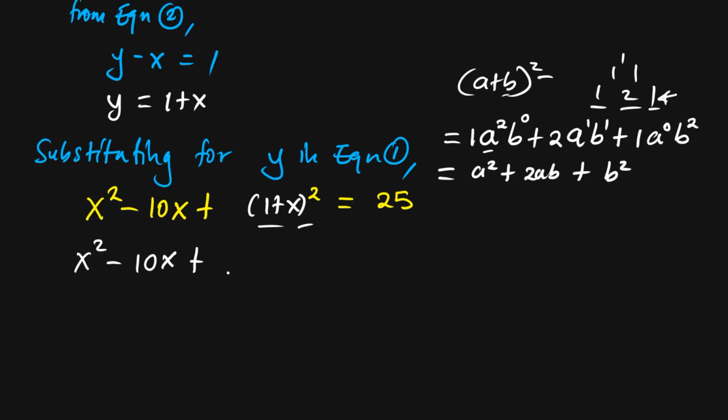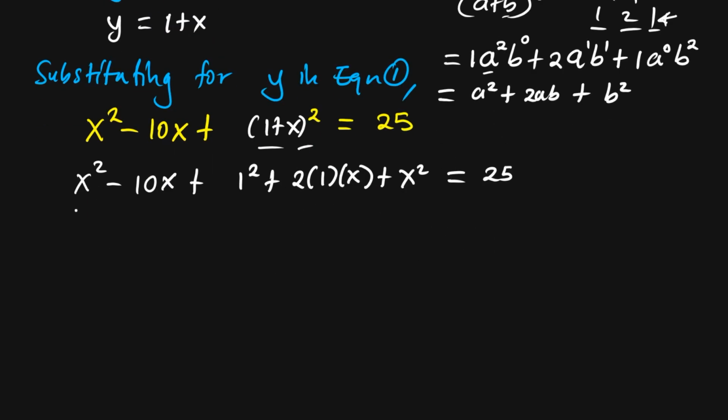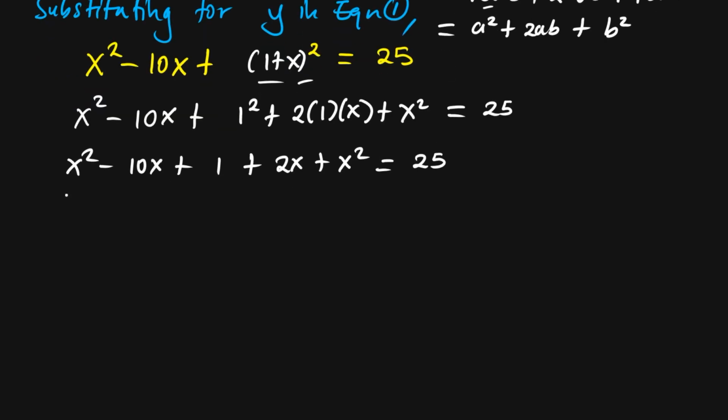Let's do the same for this. So it will become 1 squared plus 2 into 1 into x plus x squared, which equals 25. So this is the same as x squared minus 10x plus 1 plus 2 times 1 times x, the same as 2x, plus x squared equals 25. x squared plus x squared, we get 2x squared, and negative 10x plus 2x is the same as negative 8x, plus 1 equals 25.